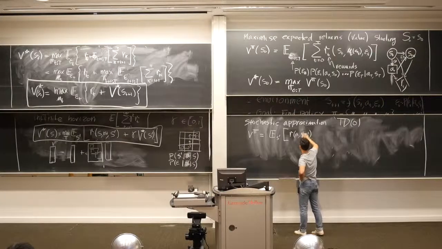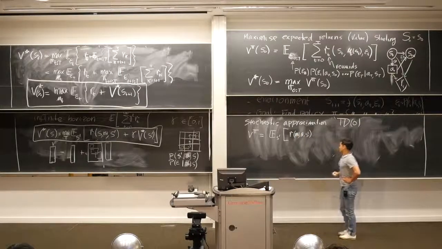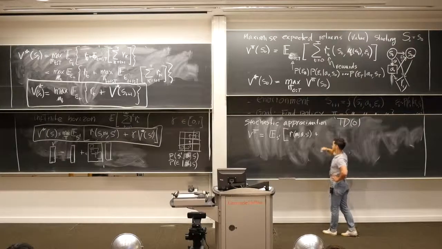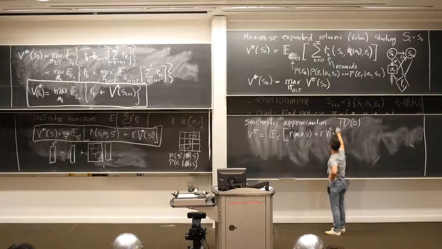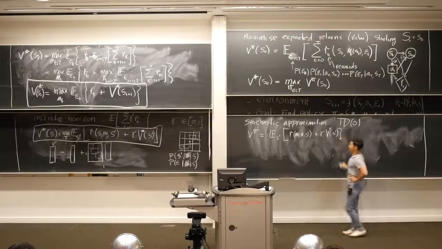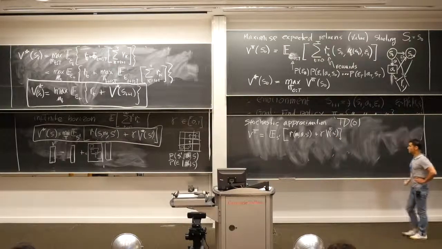And actually I'm going to write here pi of S, plus the discount factor times the future value function. Okay, so I've just rewritten this. I've taken away the max operator, so now I'm just making it a function of pi.